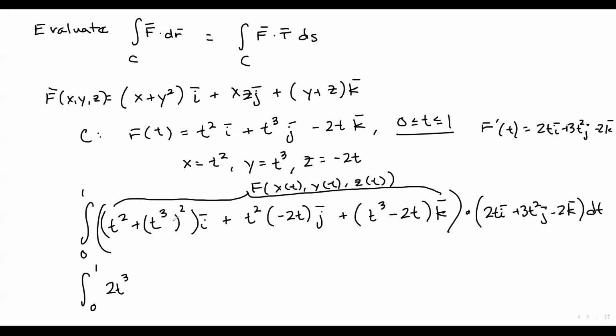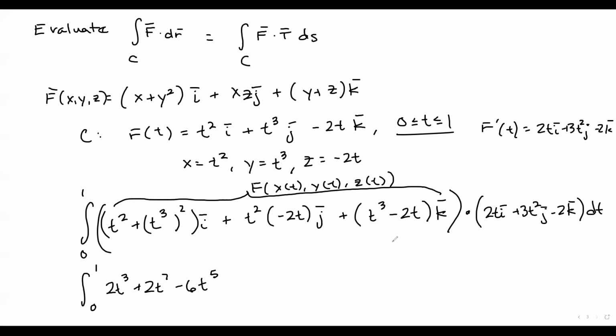Then here, this is going to be t to the 6th times 2t, so that's going to be 2t to the 7th. All right, and then here looks like we've got minus 2t to the 3rd times positive 3t to the 2nd. All right, so that's going to give us a minus 6t to the 5th.